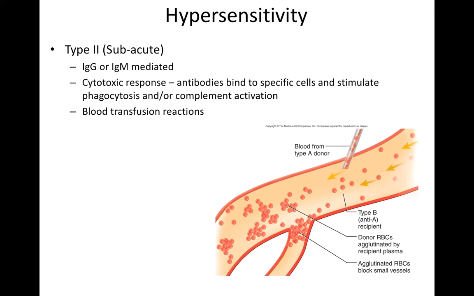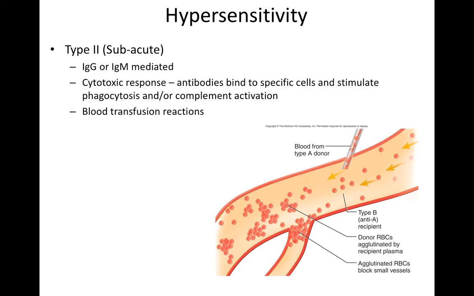So we're going to see the death of cells. An example of this that isn't autoimmune related is the ABO blood transfusion reactions. So when your IgM clumps all of these red blood cells together, your macrophages are going to be stimulated to come in and eat them, and these cells are going to die. Therefore, it is a cytotoxic response.